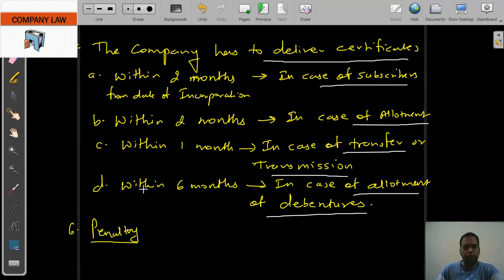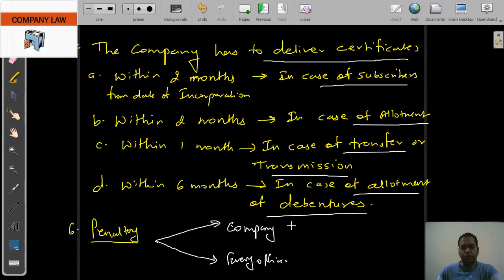There are 2 types of penalties: one is about the company, and the other is about every officer in default. For the company, the fine is rupees 25,000 to rupees 5 lakhs.